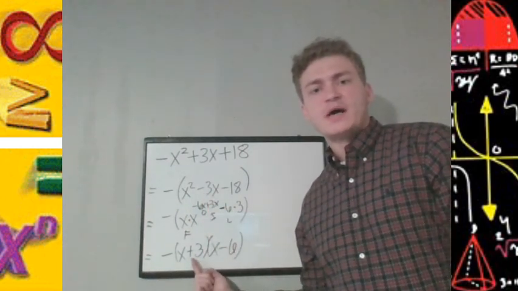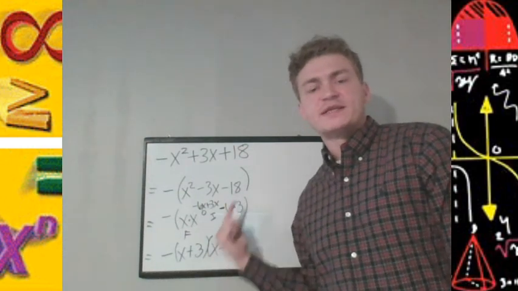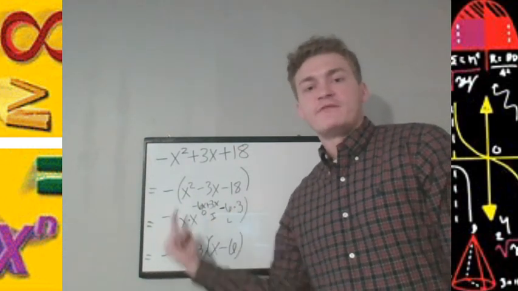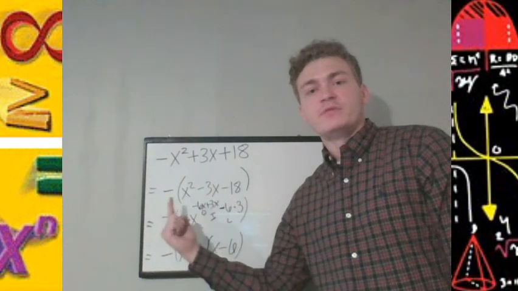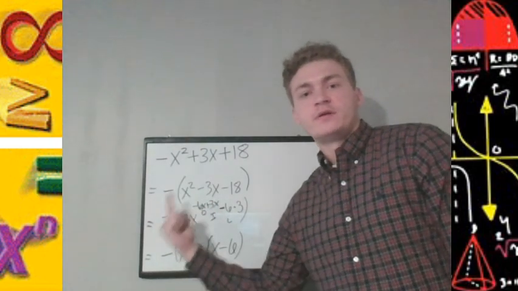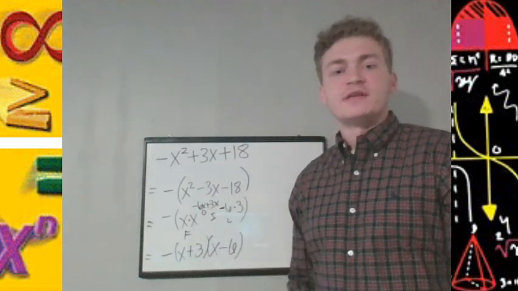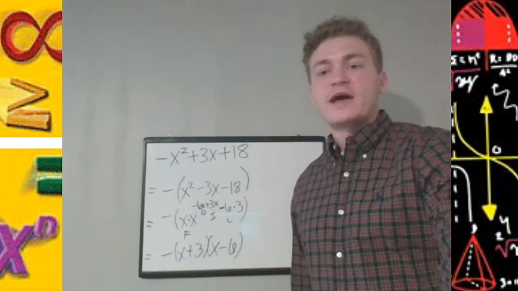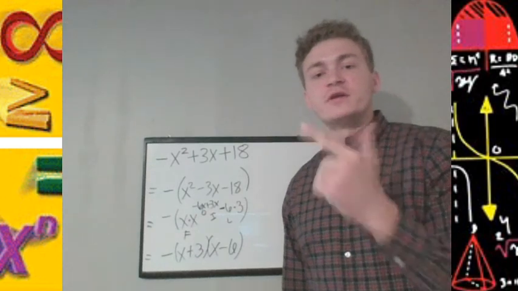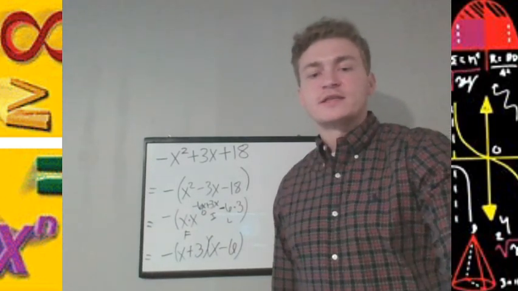And lastly, the positive 3 times negative 6 is minus 18. With the negative factored out, we now distribute the negative back through to give us negative x squared, positive 3x, and positive 18, confirming that we have the correct factors: a negative 1 factor, an x plus 3 factor, and an x minus 6 factor.